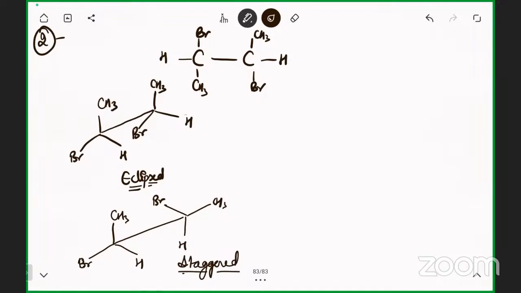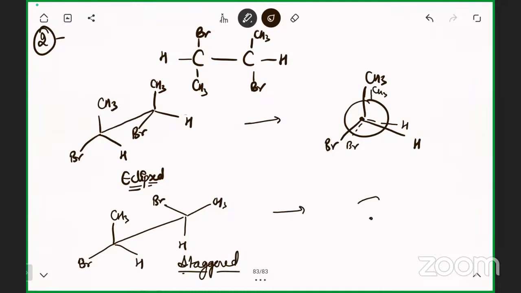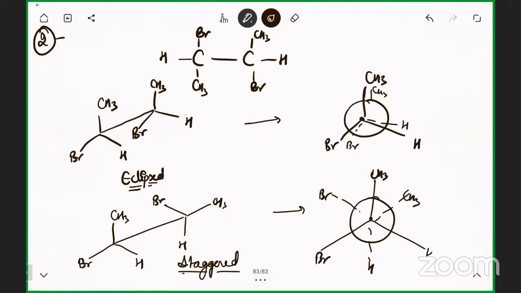According to this, if I make the Sawhorse projection, first carbon: CH3, then Br, then H. Again here we have CH3 with a dotted line, and we have Br, and here we have H. If I make this first dotted line dot, it will be Br, CH3, H, CH3, Br, and H. So I think you can make it like this now.